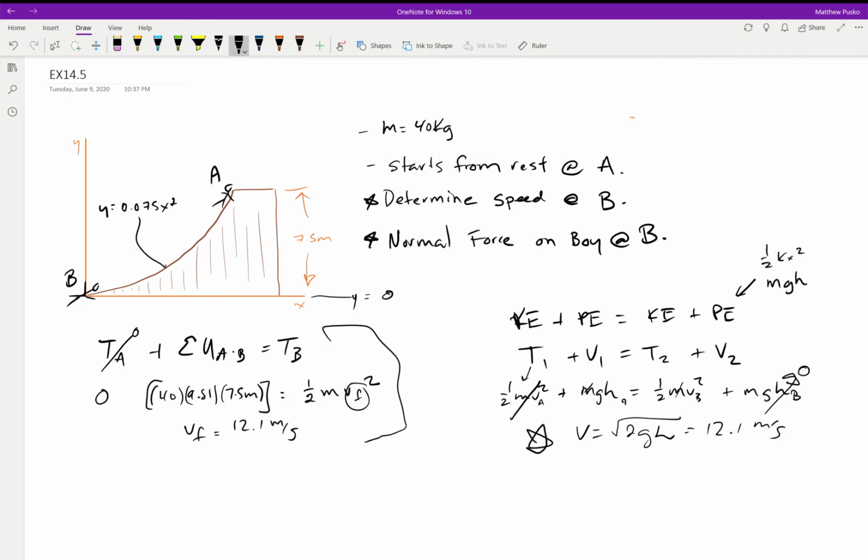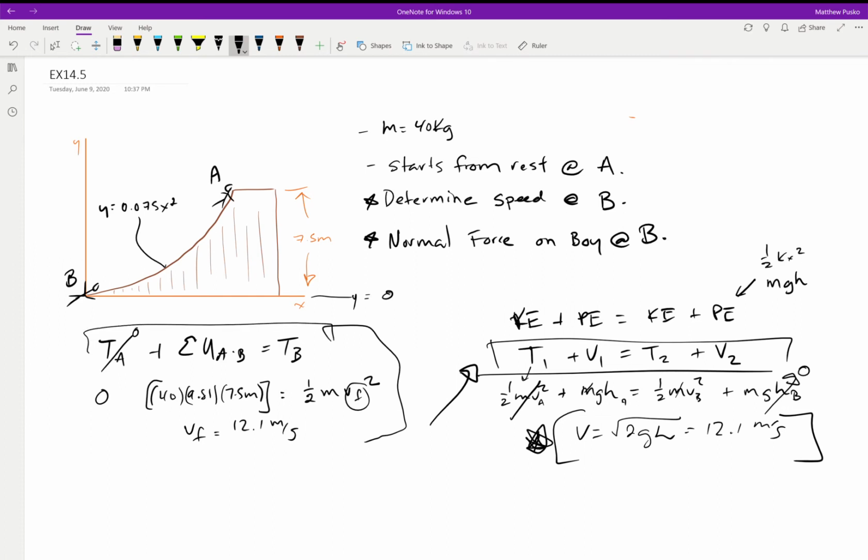And I'm really going to stress that if possible, we're going to use this conservation of energy method right here. We got to go through all the steps of work and energy in general before we get to the conservation of energy. Just know we're heading in that direction. We'll use this as little as possible.